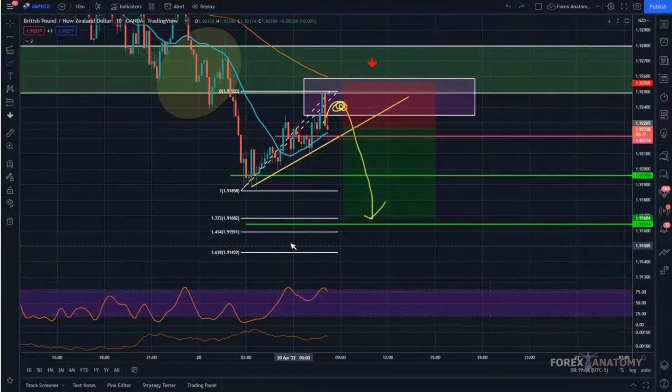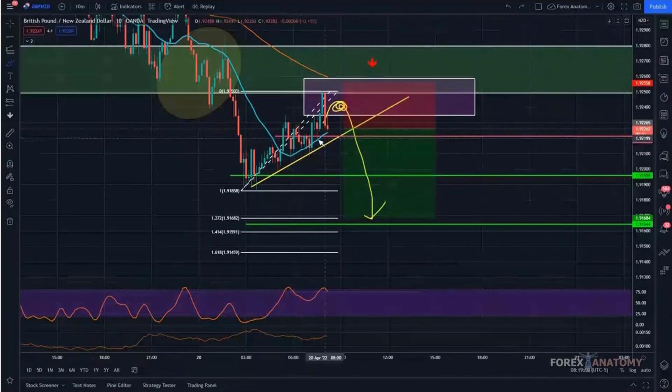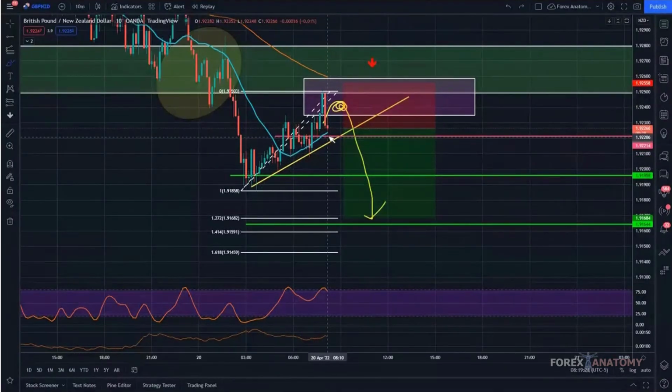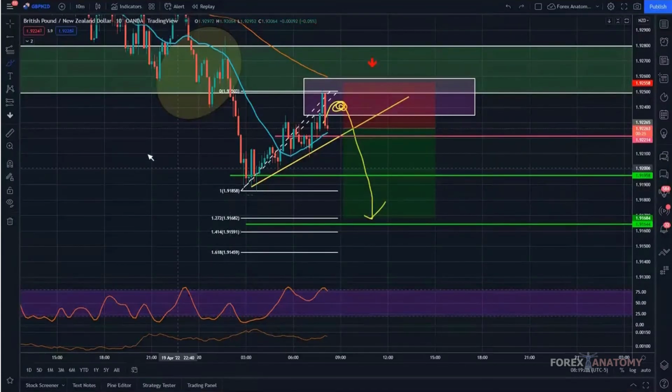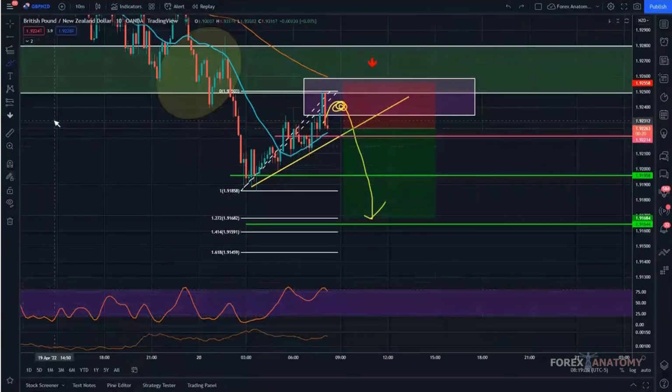If you want, you can wait until price breaks 1.9221, or 1.92214. If you get a break and close below this level on the 10-minute, then you can look for your chance to sell, which, in all honesty, looking at this now, is probably what I should have done. I didn't see things clearly. I should have waited for price to break this level first before we actually look to sell.